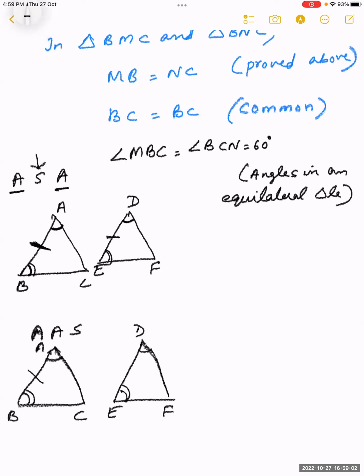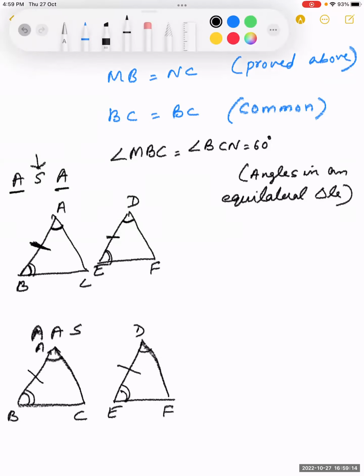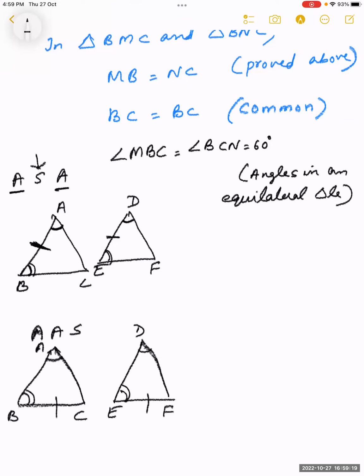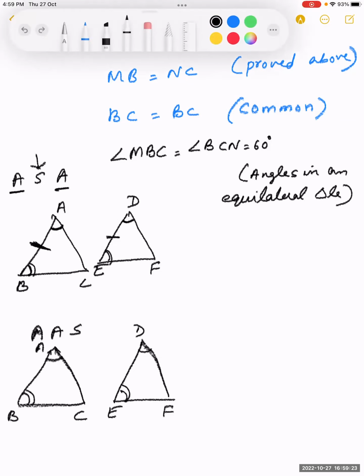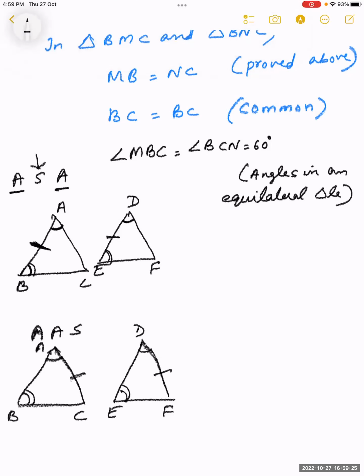Now, if you say these two are equal, the rule becomes ASA. So you cannot consider, when you are not equating those sides, okay? If you are equating this side or this side are equal, or if you are equating this side and this side are equal, then we call it angle side.